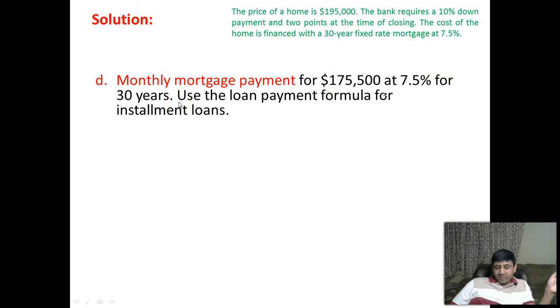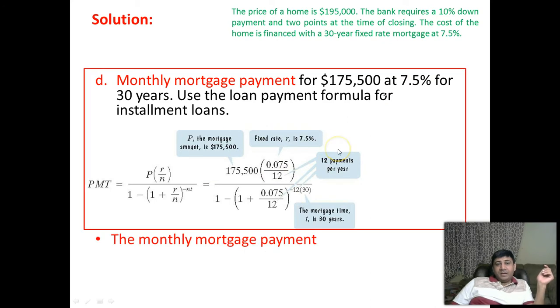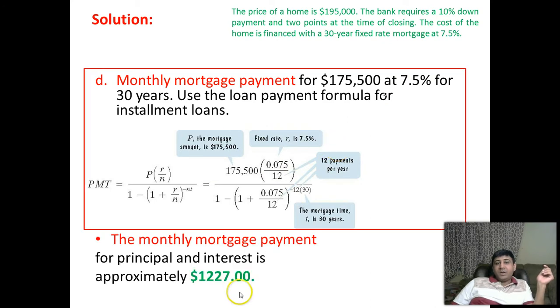Using the loan payment formula, which is this one here, P is the amount which we are borrowing, R is 0.075, which is 7.5%, N is 12. Do all the math here, calculate everything, and the monthly payment comes out to be $1,227. So this is your monthly payment. So that was part D.